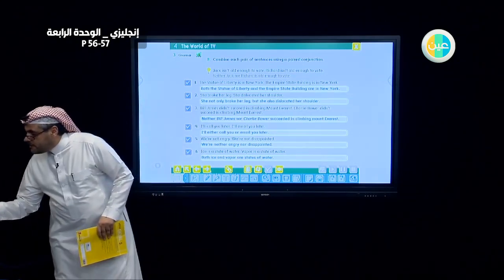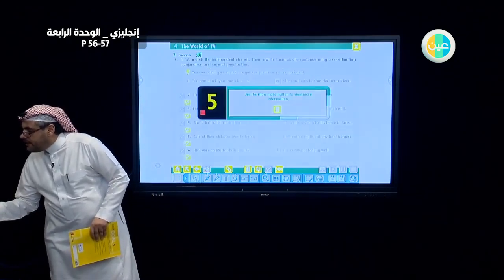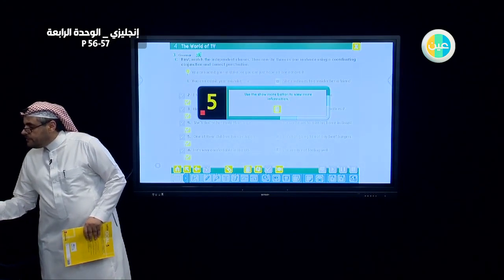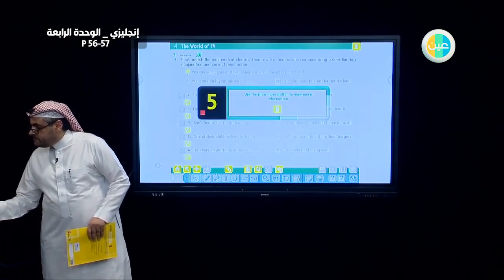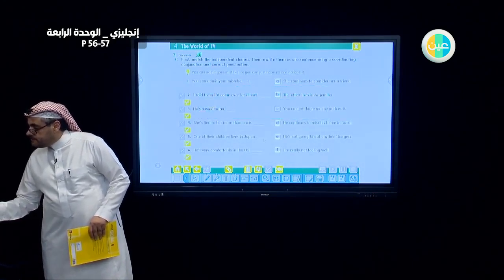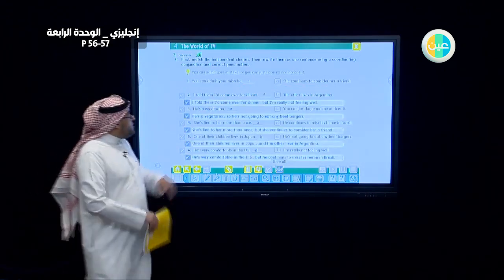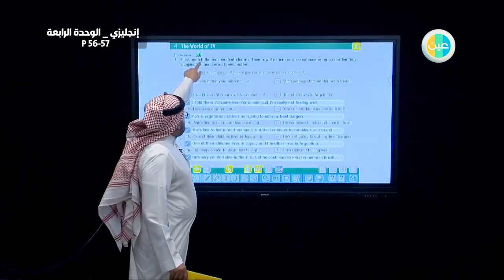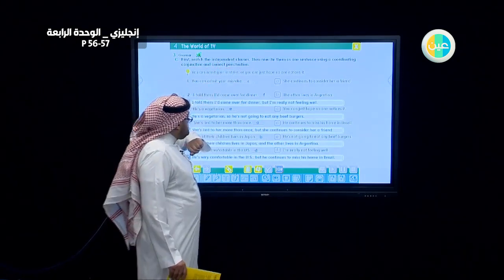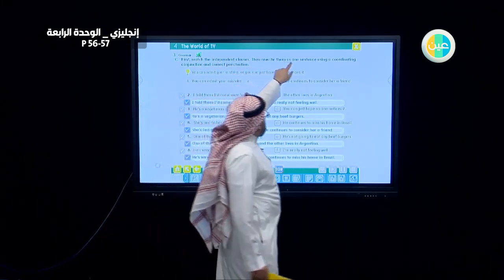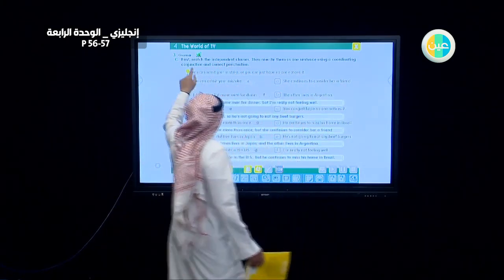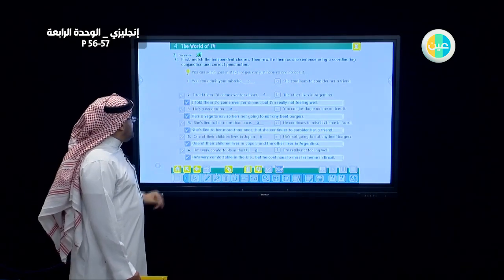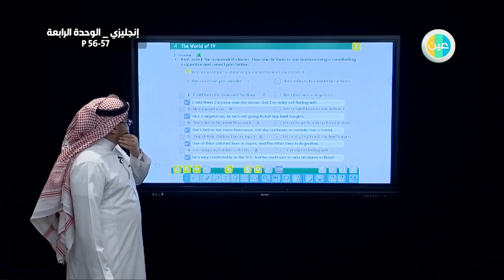We move now to the third exercise. Here we need to match. Let's answer it very quickly now. First match the independent clauses, then rewrite them as one sentence using a coordinating conjunction and correct the punctuation.